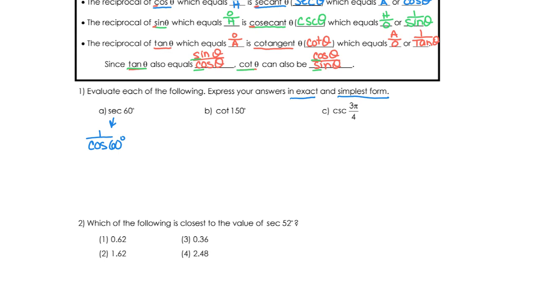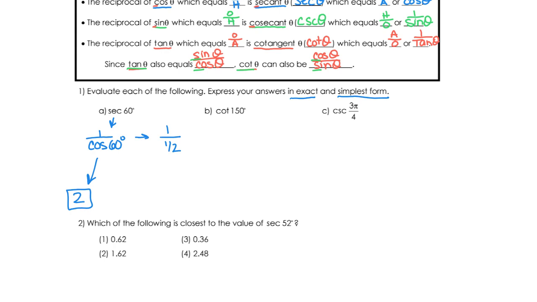Sometimes that won't come out extremely nice. You guys will be able to see in a couple of the examples down the road. Another way you could do it, if it doesn't come out to be our answer of 2 right away, is to type in just cosine of 60. And so we would have 1 divided by, and the cosine of 60 is 1/2.